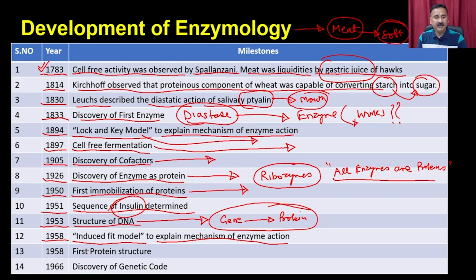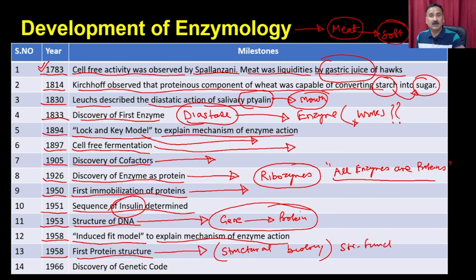Then in the year 1958, the first protein structure was solved, and that started another field called structural biology, which is responsible for understanding the structure-function relationship of different proteins or even different parts of proteins.